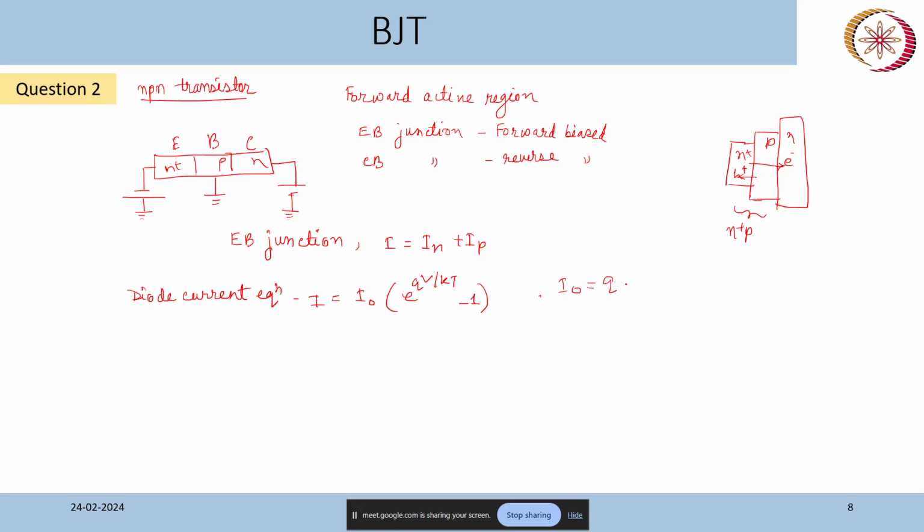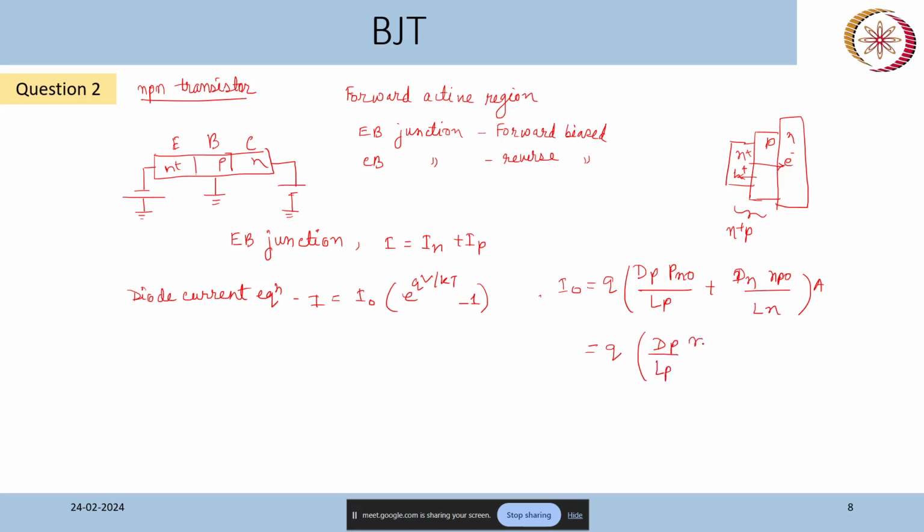That is q times the diffusion terms of the minority carriers, Dp by Lp times pn naught, plus Dn, multiplied by the cross section area of the junction.